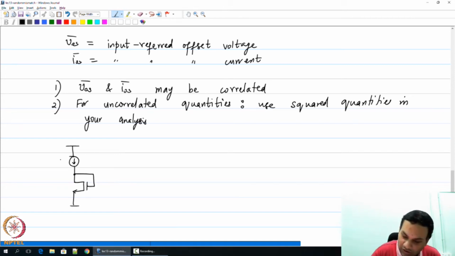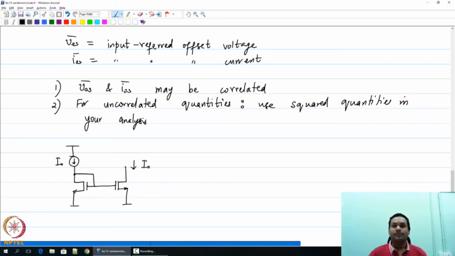So this is my input transistor, and ideally my output current should be I0, assuming that M1 and M2 are identical.